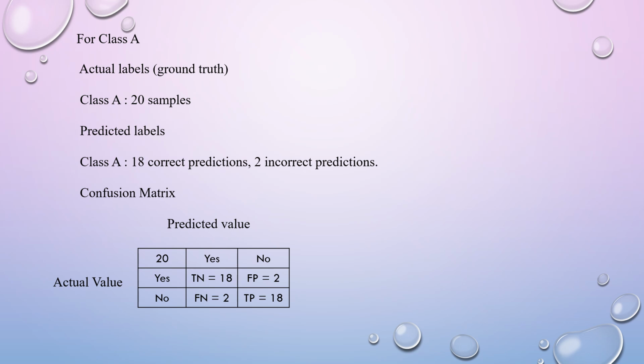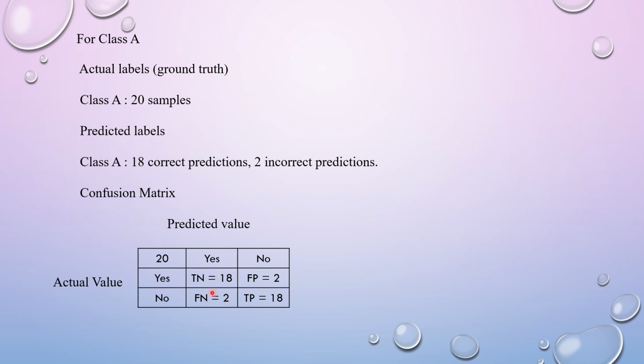So in this table, we put all the values. This is the confusion matrix, and true negative is 18, which is the 18 correct predictions, false positive is 2, false negative is 2 and true positive is 18.